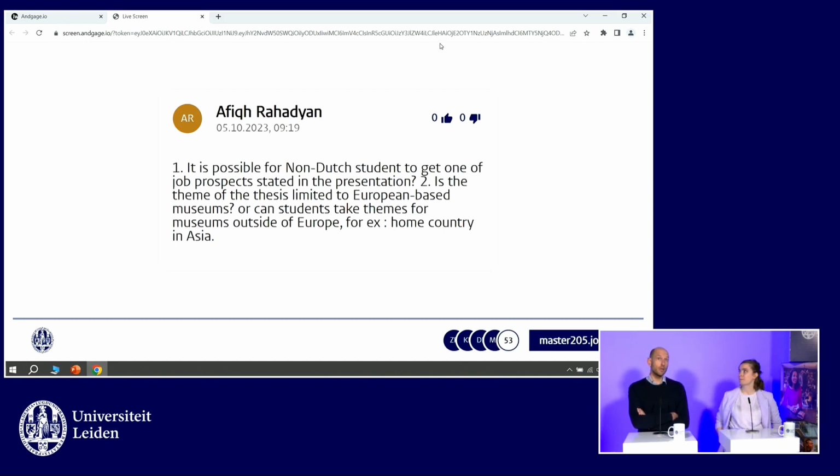Absolutely, absolutely. So actually in Leiden, we are very strong in our global perspective. We started that pretty early, so we had researchers who were dealing with the non-European, as we called it in that day, because they thought that was the most interesting spot to do right now. And indeed, we do have our specialists of non-European based museums.